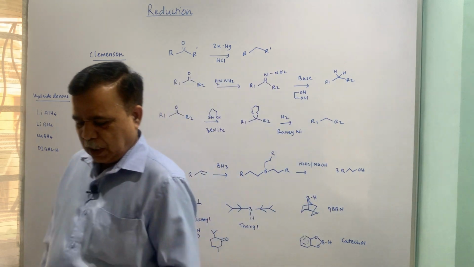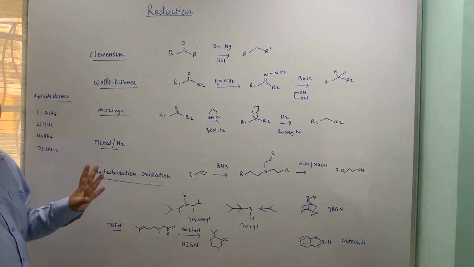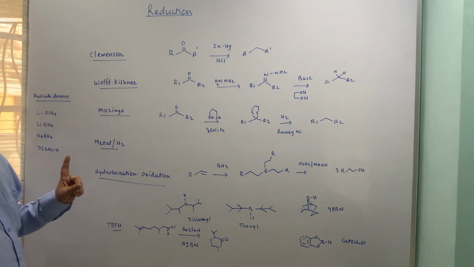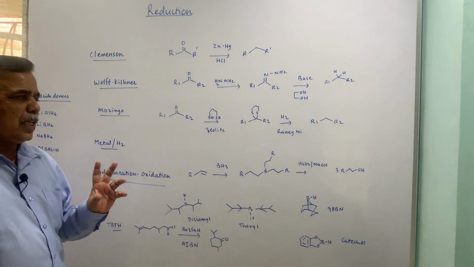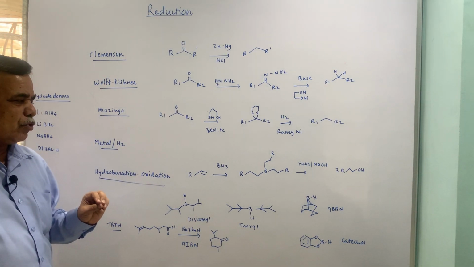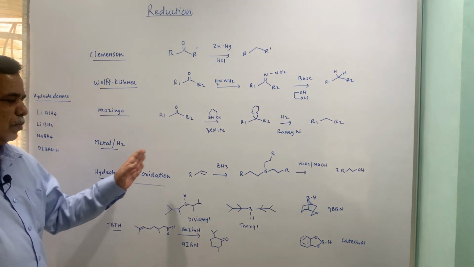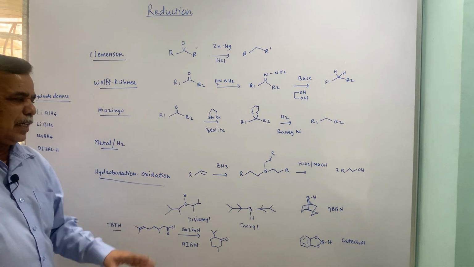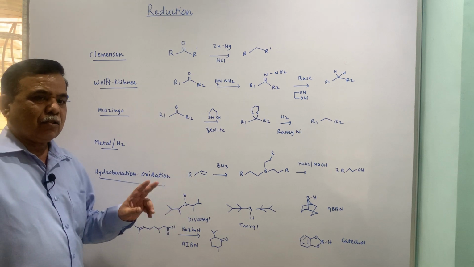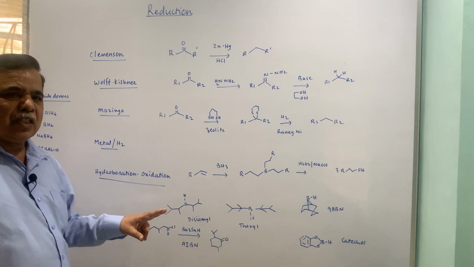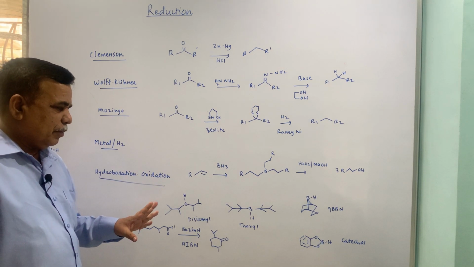Now the advantage of these reagents is that they are bulky reagents, so the addition to the alkene is highly regioselective. Normally boron gets attached to the alkene from the least hindered side, and that is how you get the regioselectivity. Hydrogen and boron are added from the same side, so that is specifically cis addition, and therefore it also controls the stereoselectivity of the reaction.